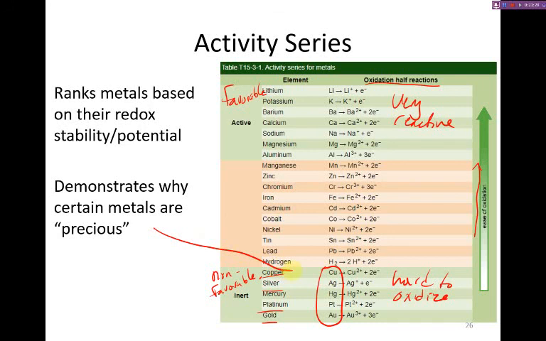Whereas these metals are what we call the precious metals. This is exactly why silver and platinum and gold are used as jewelry, because they don't oxidize very easily. They are going to stay in their solid form. They're going to remain pure.